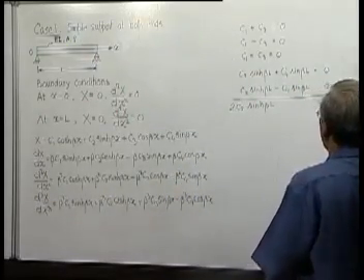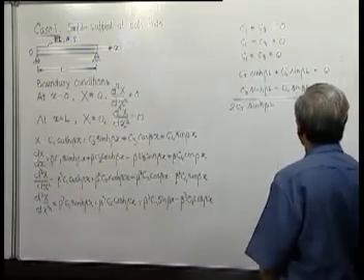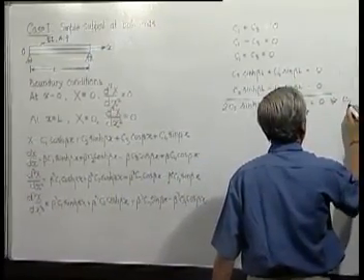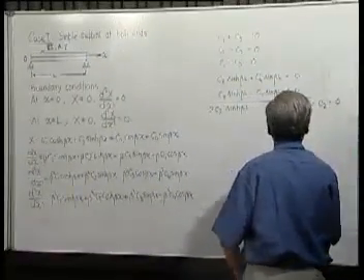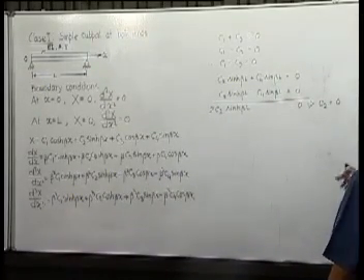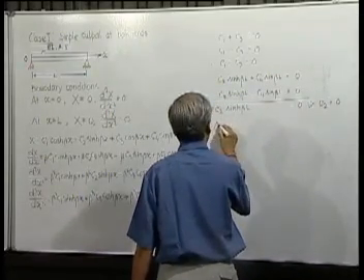Now we know that sinh(beta L) cannot be 0 because it is an exponential function. So therefore the only possible thing is that C2 equal to 0.